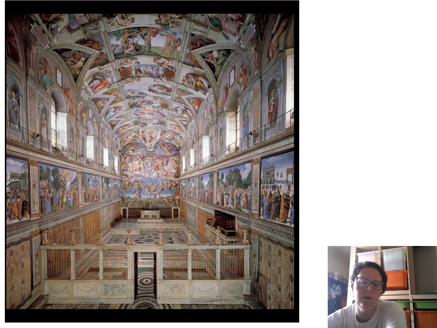So it wasn't just Michelangelo that painted in the Sistine Chapel, but he was the main painter. The fresco that you see here in the center is actually a Mannerist work of art, and we'll look at it more closely in just a minute.